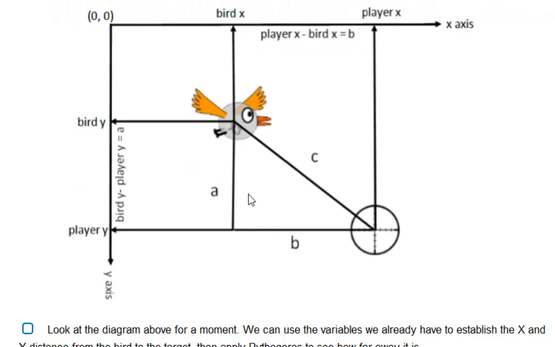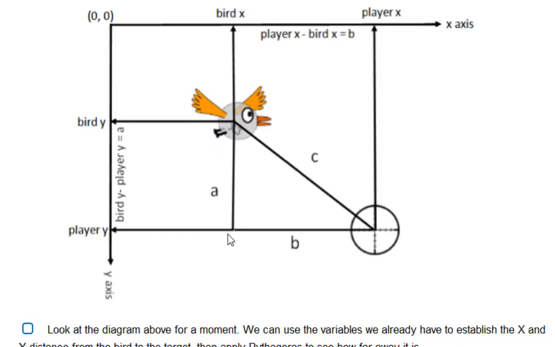So what I can then do is, given that I can calculate this distance here, because I know that from here to here is 100 pixels, so I know that. Given that I know this distance just here, and that just depends on where the reticle is, but for argument's sake, let's say that was 200 pixels from the top of the screen, so it's 100 to here, 200 to here. I can do that number minus that number, and that gives me that length, just like you did in a maths lesson. So that's my value for A.